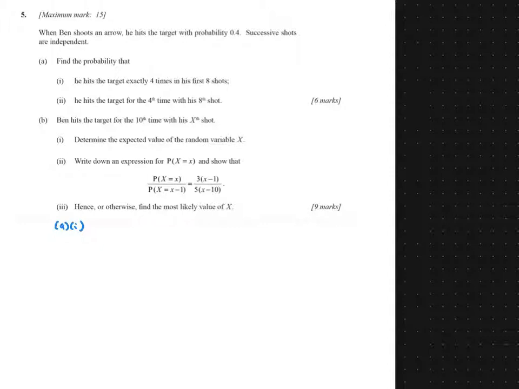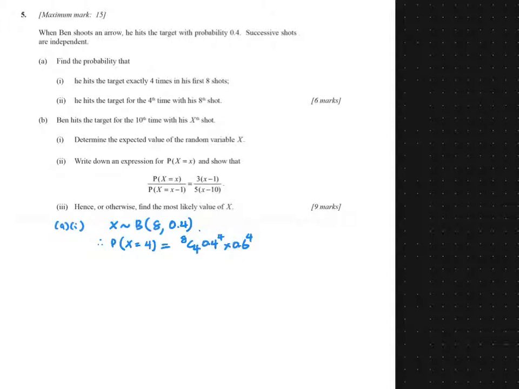So in this case here, X is a binomial with n equals 8 and probability of success 0.4. Therefore, P(X equals 4) will be equal to 8 C4 times 0.4 to the power 4 times 0.6 to the power 4.